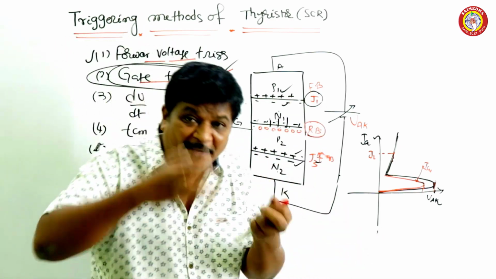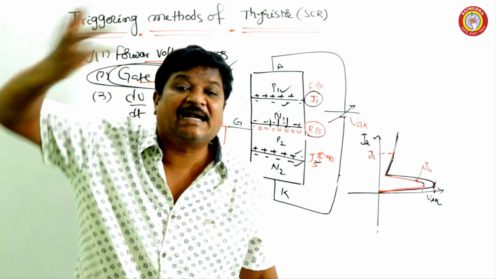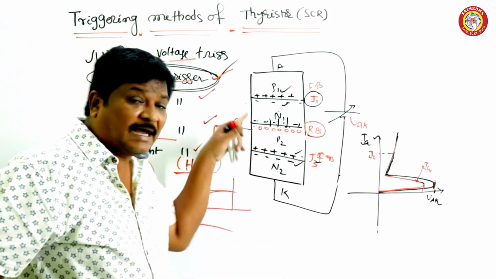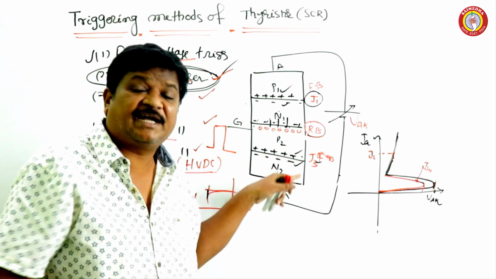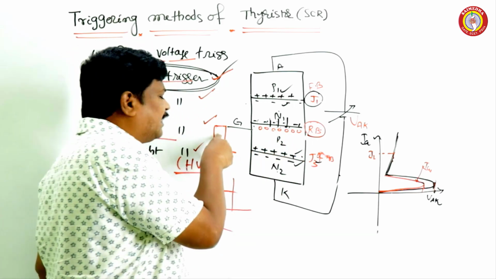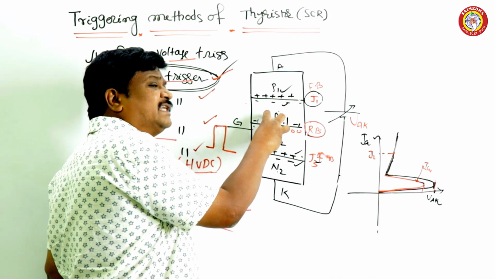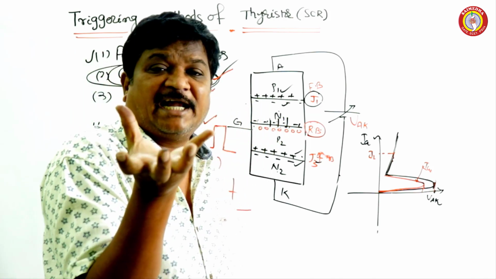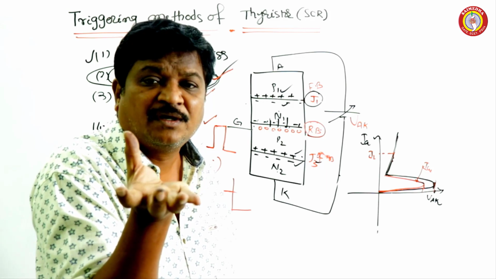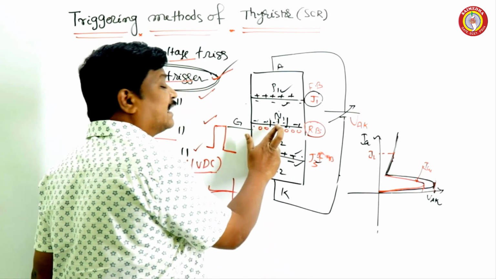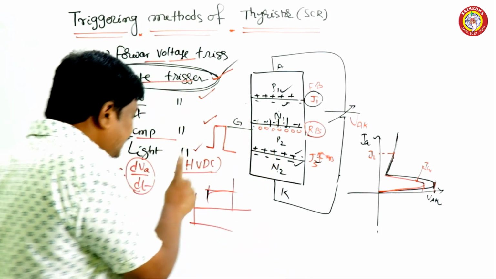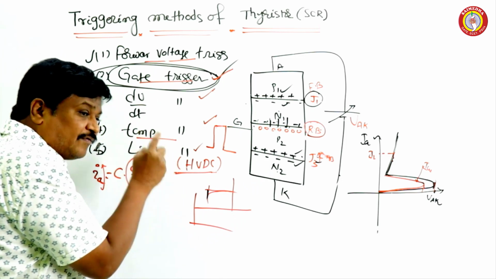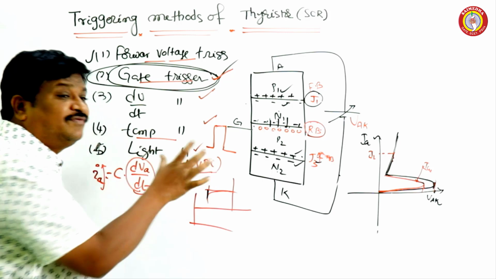Once electron hole pairs are generated, the conduction increases. It acts like a method of triggering, because with the gate you induce more charge carriers, and here you are giving light to induce more charge carriers like electron holes. Automatically, the conduction will become faster. This is the popular method of firing which is used in HVDC.